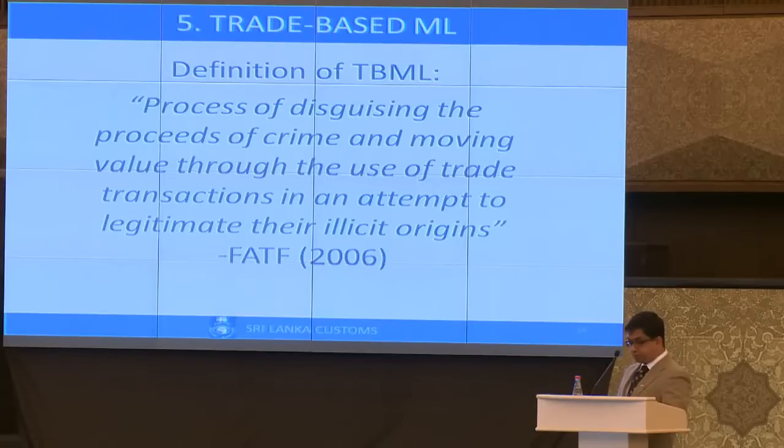As I mentioned earlier, trade-based money laundering takes place at the justification stage in the money laundering process. The methods are multiple invoicing, over and under shipment, false description of goods, and over and under invoicing.